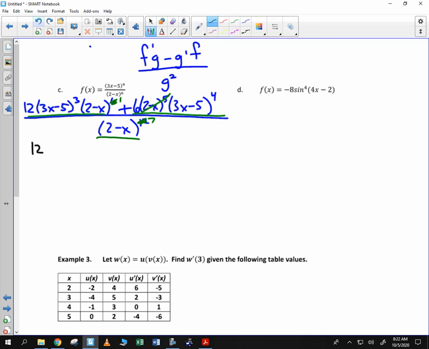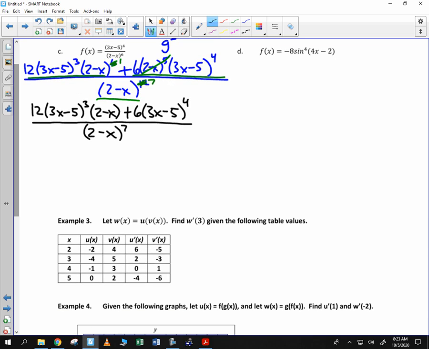So that would be 12 times 3x minus 5 cubed times 2 minus x, plus 6 times 3x minus 5 to the 4th over 2 minus x to the 7th. So we got rid of our 2 minus x factors, but now look that we can take a common factor out of the front. That's going to help simplify a few things.